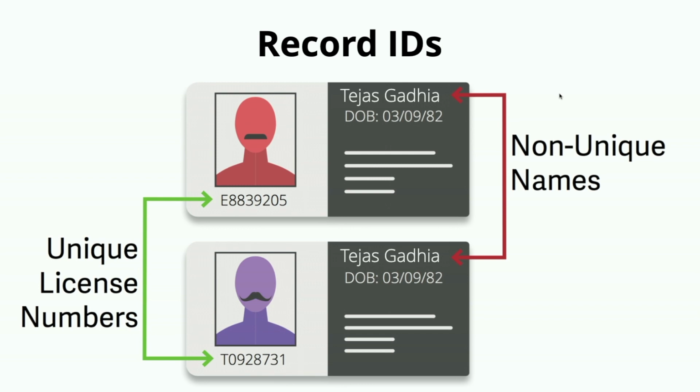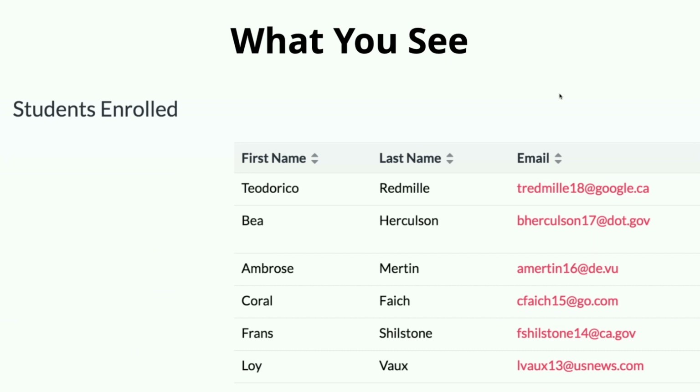That is why when you get your driver's license, it always has a driver's license number to differentiate one Tejas Gadia from another. Inside Zoho Creator and every other Zoho app, we will automatically always generate that unique key, that unique piece of information that is only going to apply to one record at a time.